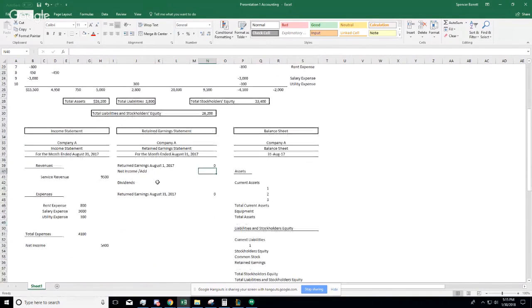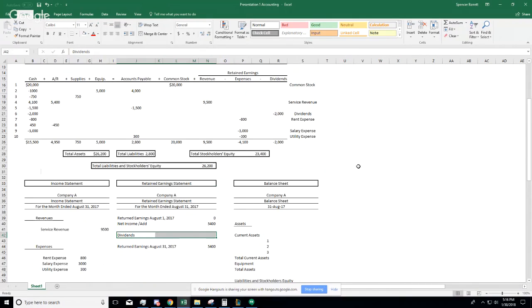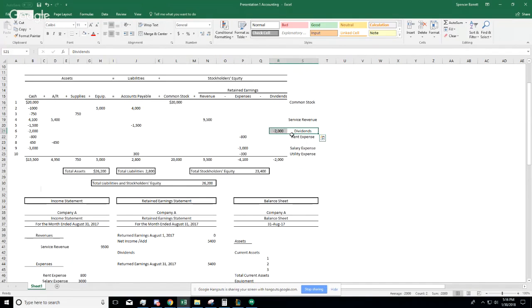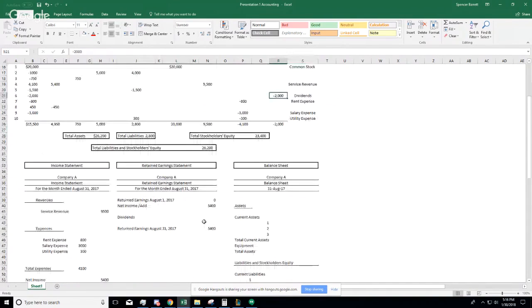Now, what you want to do here is add the net income, because that net income, essentially, we retain that earning. That's money that could possibly go into our pockets. So we want to add 5,400. And we do know that we did pay dividends. So if I come up here, there's 2,000 in dividends.